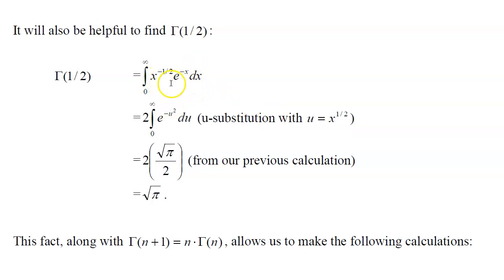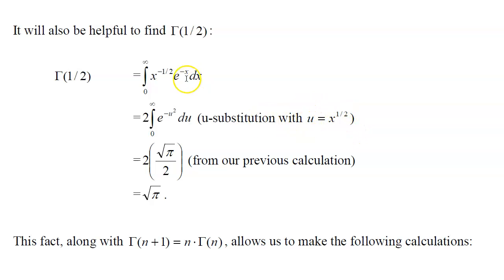So e to the minus x is e to the minus u squared, and this x to the minus 1/2 dx is really just the du, with a 2 up front because of the 1/2 coefficient. It's a kind of strange u substitution.